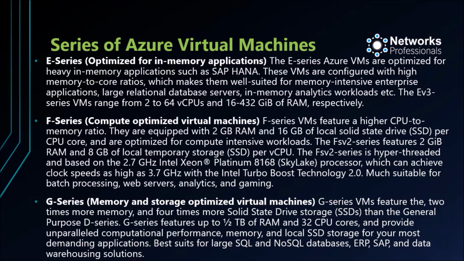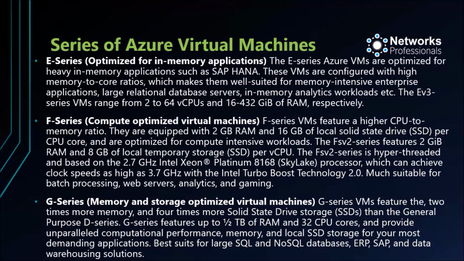The FS version 2 series is hyper-threaded and based on the 2.7 GHz Intel Xeon processor, which can achieve clock speed as high as 3.7 GHz with the Intel Turbo Boost technology 2.0, much suitable for batch processing, web servers, analytics, and gaming purpose.